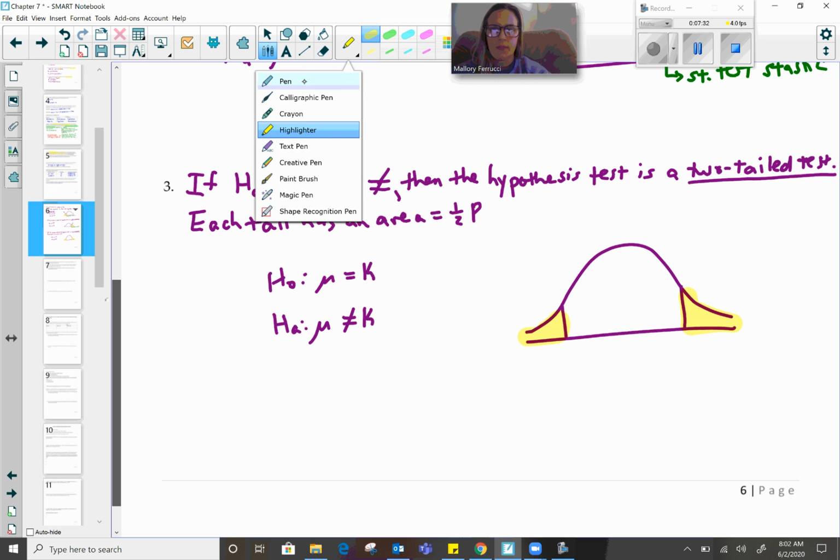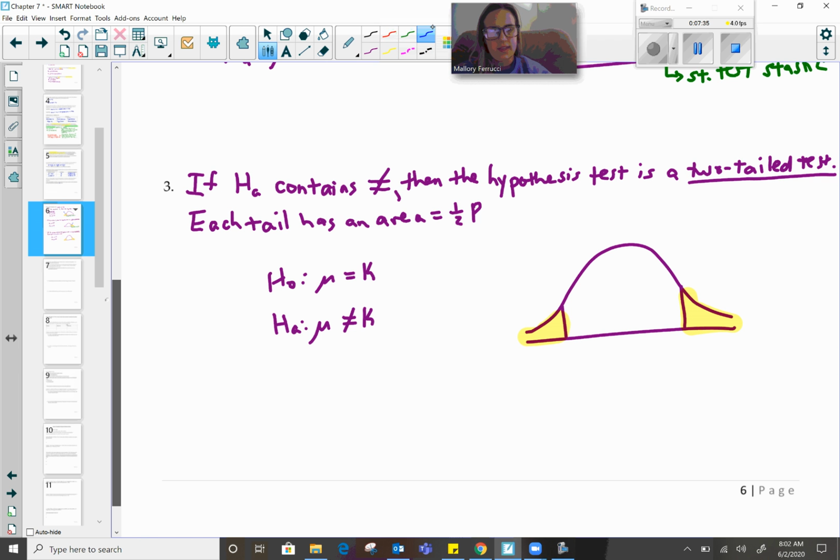Each of these has an area of 1/2 P because together they make up P.